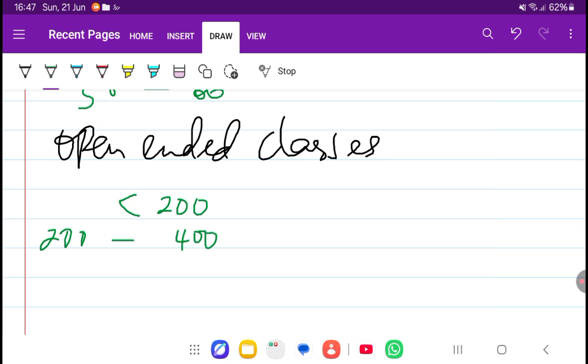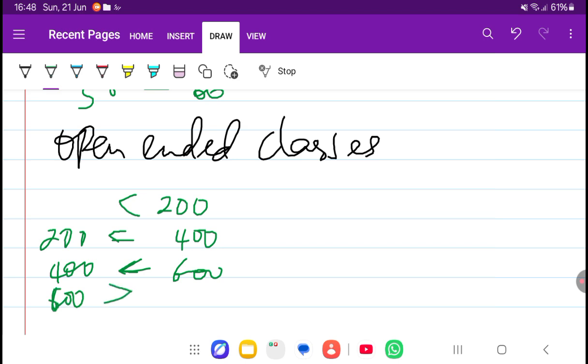Then they start maybe from, let's say, 400 to... they could also use the same less than signs. They say less than, maybe 600. Then when it comes to this one, they can say that maybe this is 600, then they put a greater than sign.